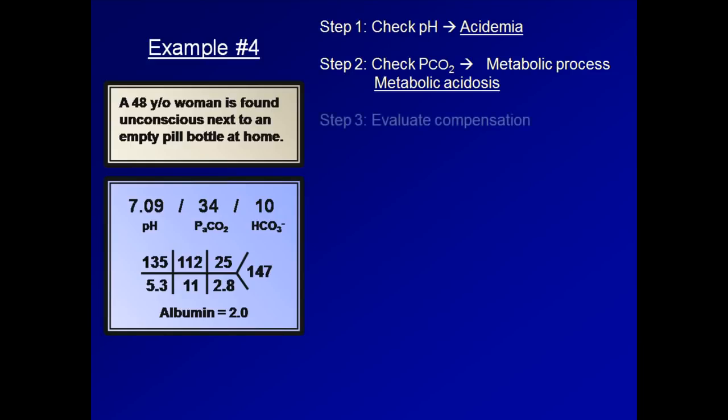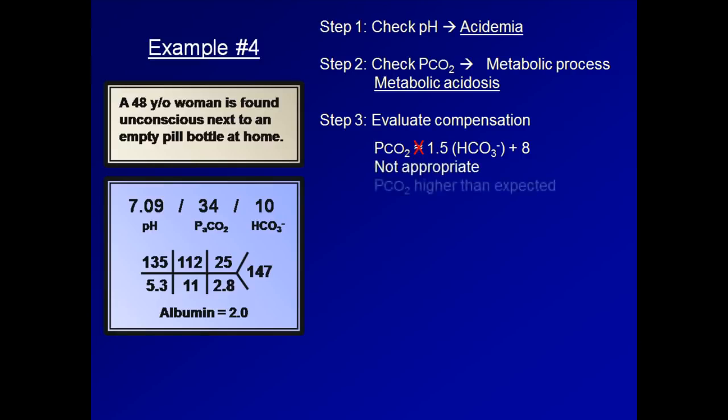Step 3, for compensation, we once again use Winter's formula and ask if the PCO2 of 34 is approximately equal to 1.5 times the bicarb of 10 plus 8. It does not. Therefore, compensation is not appropriate. As the PCO2 is higher than expected and trending more towards an acidemia, the additional acid-base disorder is a respiratory acidosis.